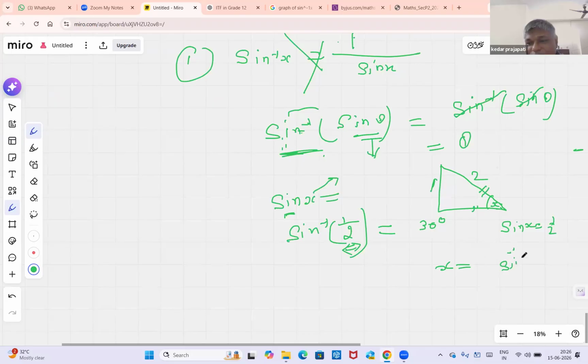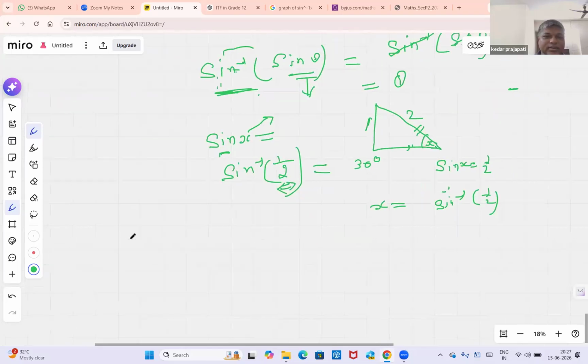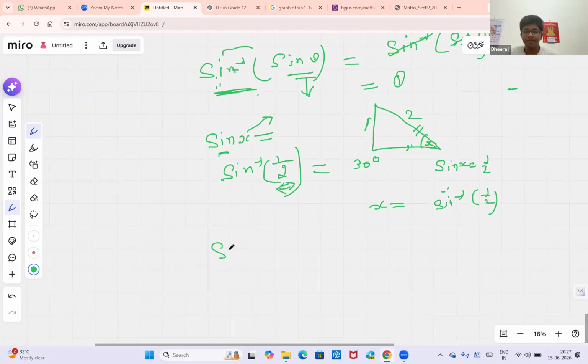Sine inverse 1/2, right? So once you solve this question, sine inverse 1/2 is how much? We are not solving it.